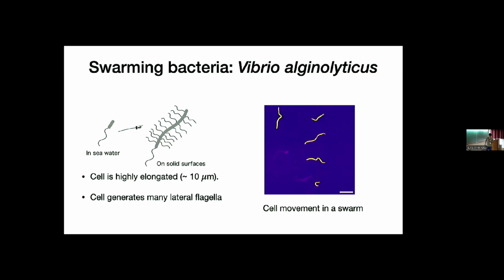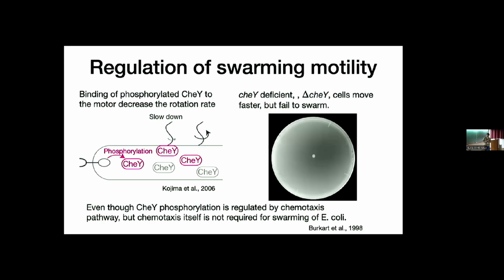This movement is regulated by a cytoplasmic regulator, CheY. CheY is phosphorylated by the kinase located at the cell pole, then it diffuses into the cytoplasm and is bound to the flagellar motor. This results in a slowdown of the flagellar rotation.